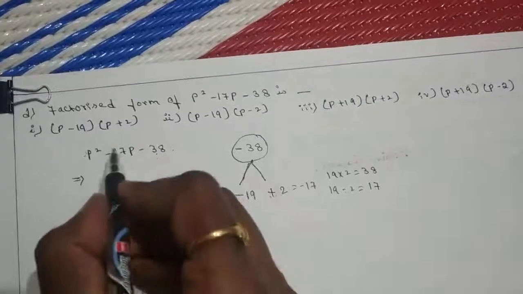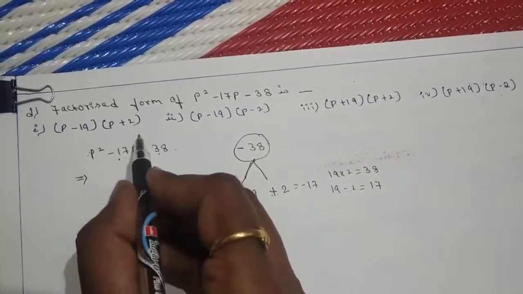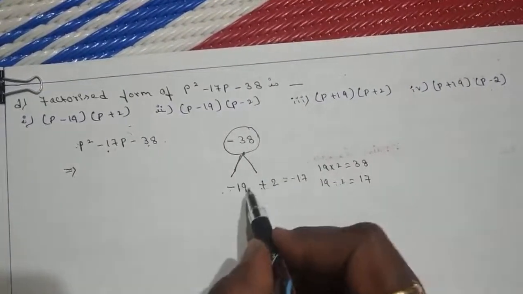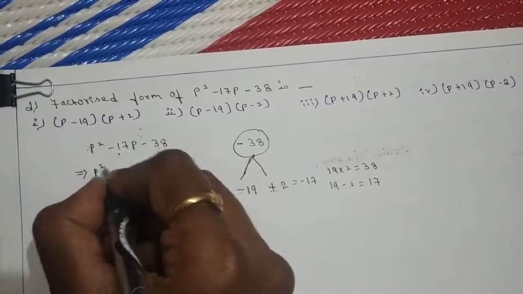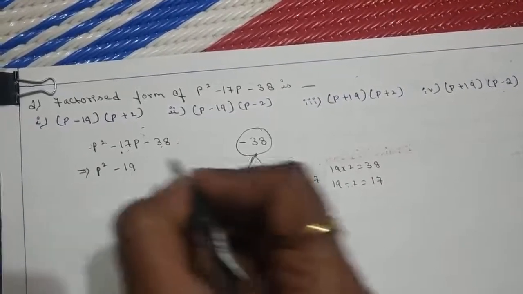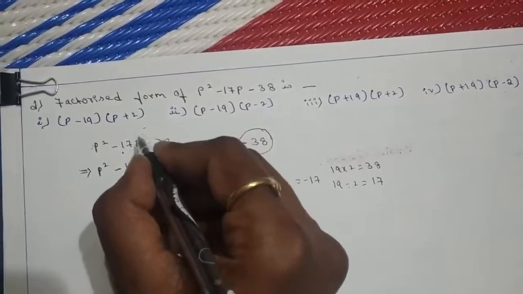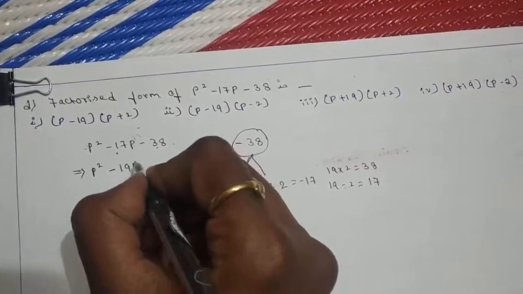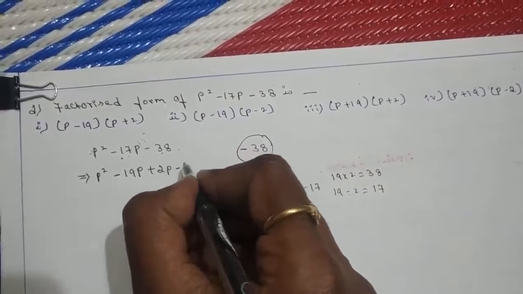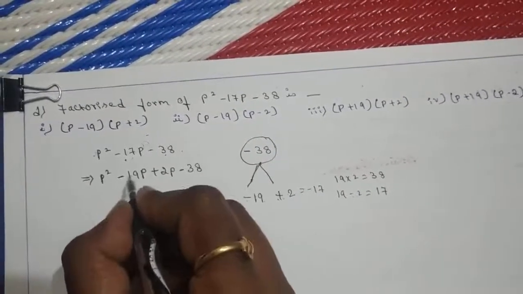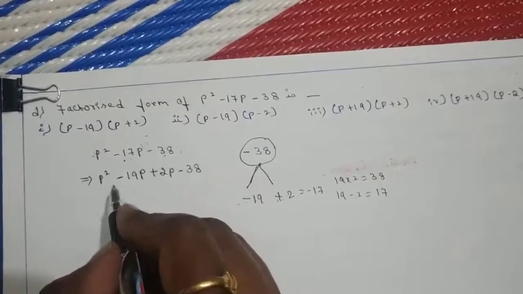So now this minus 17p is going to be written as minus 19p plus 2p. So p square minus 19. Don't write only 19, children. Along with that we should write the variable: minus 19p plus 2p minus 38. So the 3-term expression became 4 terms.